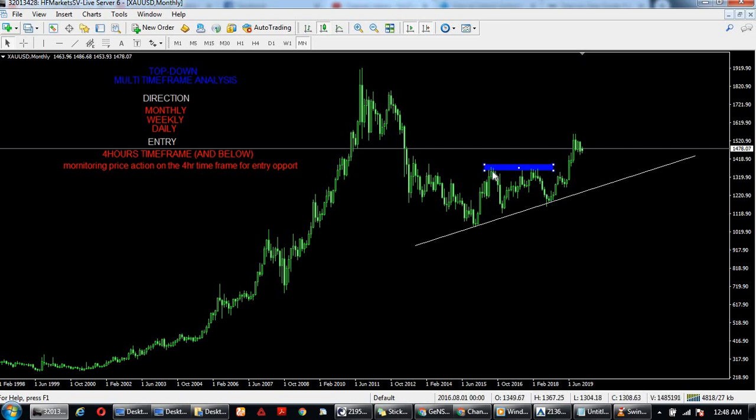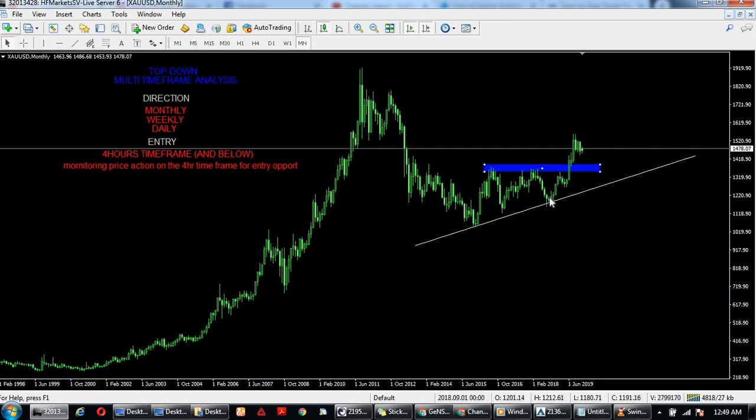So yes, we can see clearly price makes an equal higher high, an equal high. We can see price now found multiple resistance around this point, around this blue rectangular area. Price has found multiple what? Resistance. So price came a first time and bounced off, came a second time and bounced off.